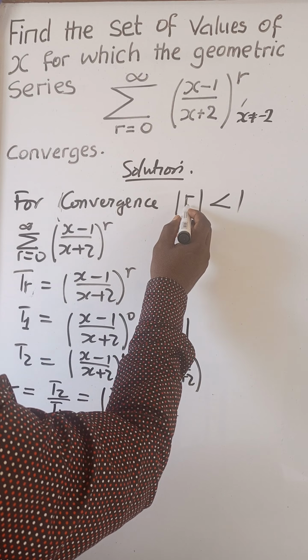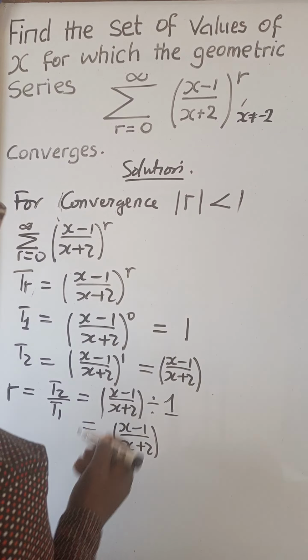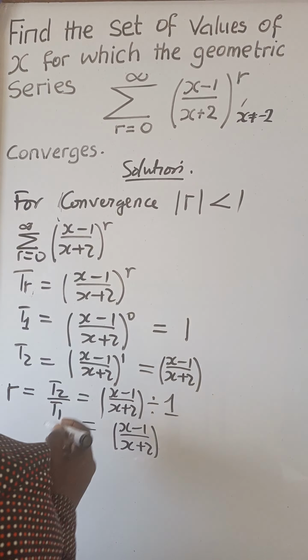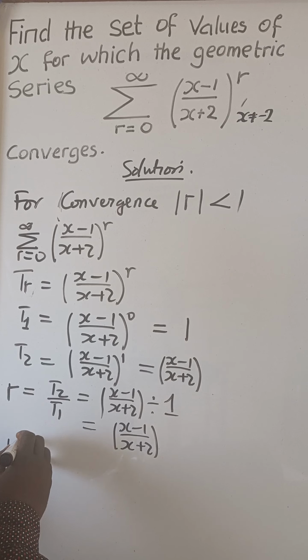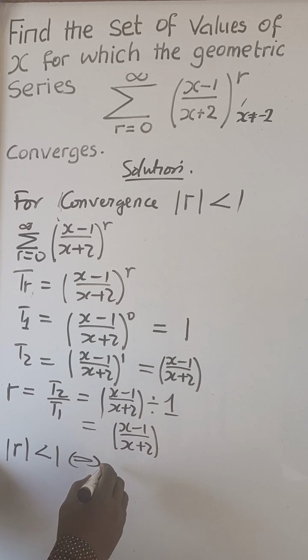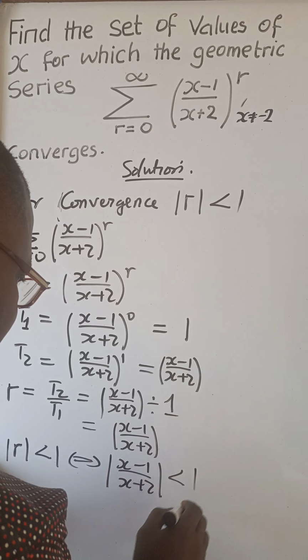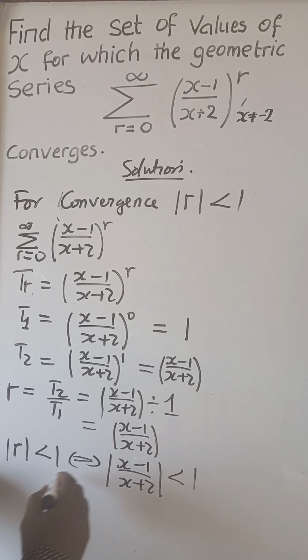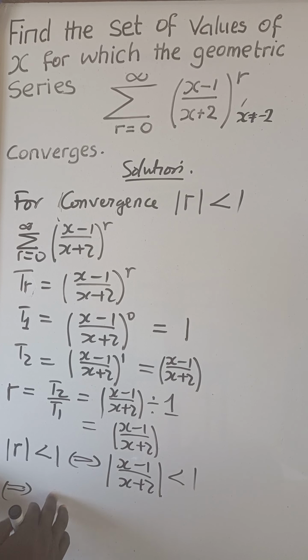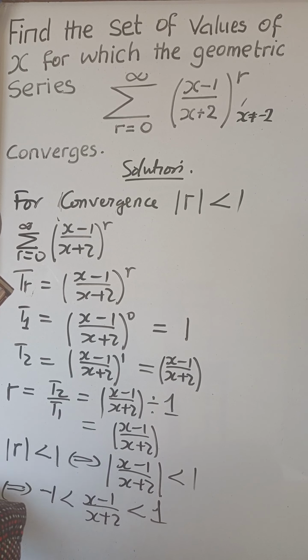Now, having the common ratio, all we have to do is to solve for the solution set in this inequality. It's the same as saying the absolute value of (x − 1)/(x + 2) is less than 1. And this expression is the same as saying that −1 is less than (x − 1)/(x + 2) is less than 1.